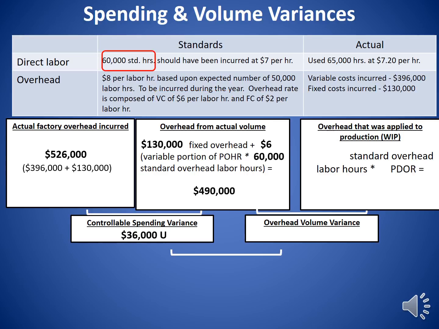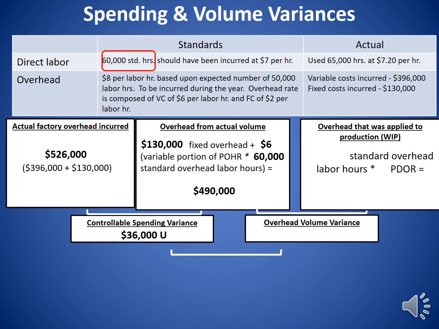So we take the 130,000 plus the 6 times 60,000 standard overhead labor hours, and the total comes up to $490,000. So we have a controllable spending variance when you compare actual overhead to the overhead from actual volume, of $36,000.